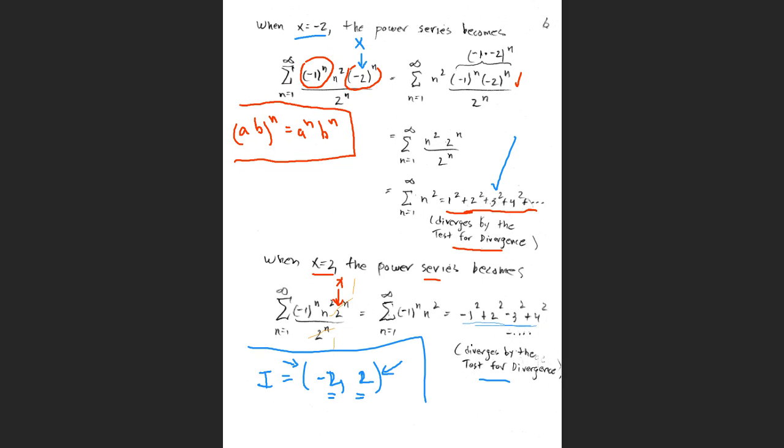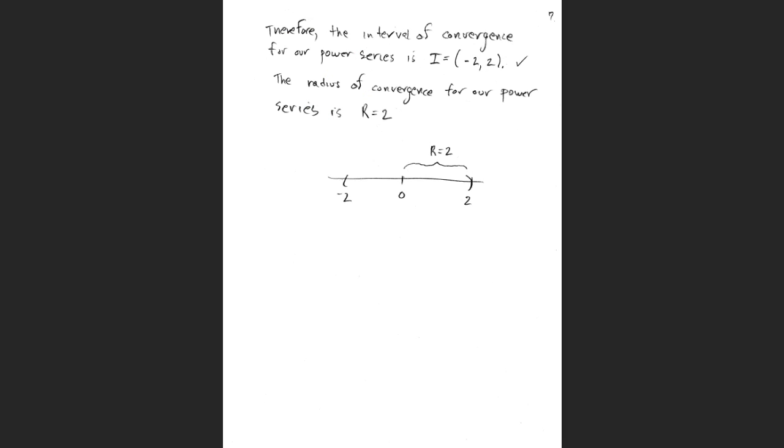Are there any questions before I move over to the next page to summarize this example? Okay. Well, in summary then, the interval of convergence of our power series is the open interval from -2 to 2.